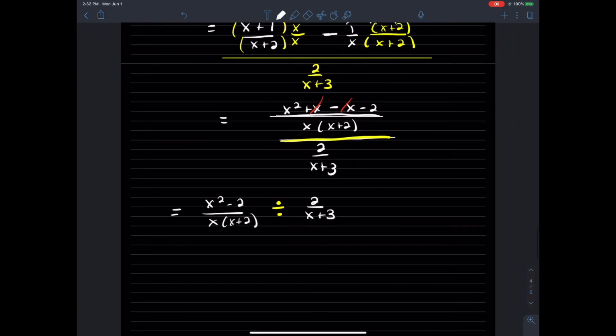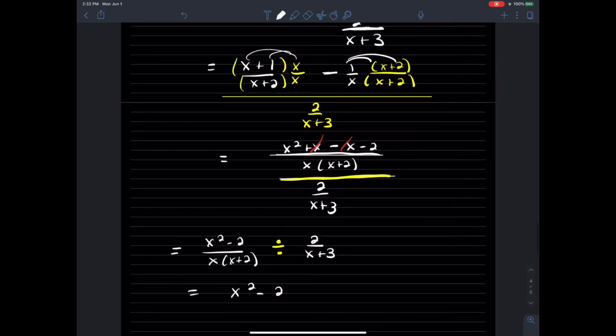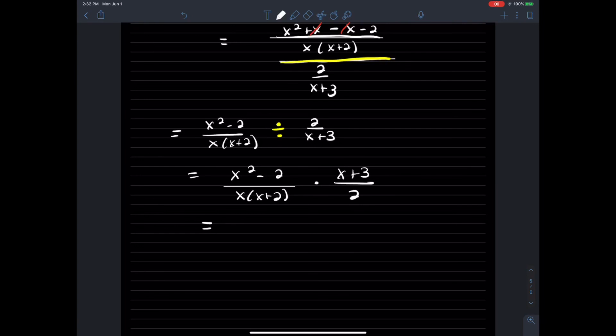This becomes x squared minus 2, which does not factor. And we have all over x plus 2 times x plus 3 all over 2. Nothing cancels. So that's going to be our answer.